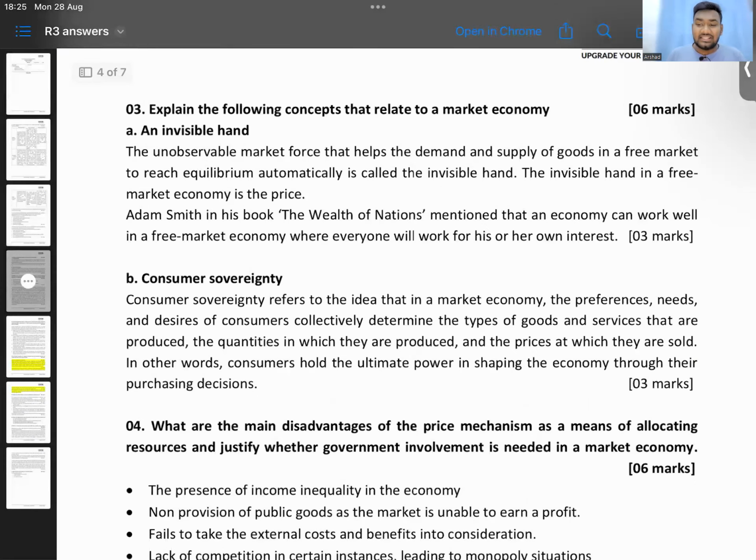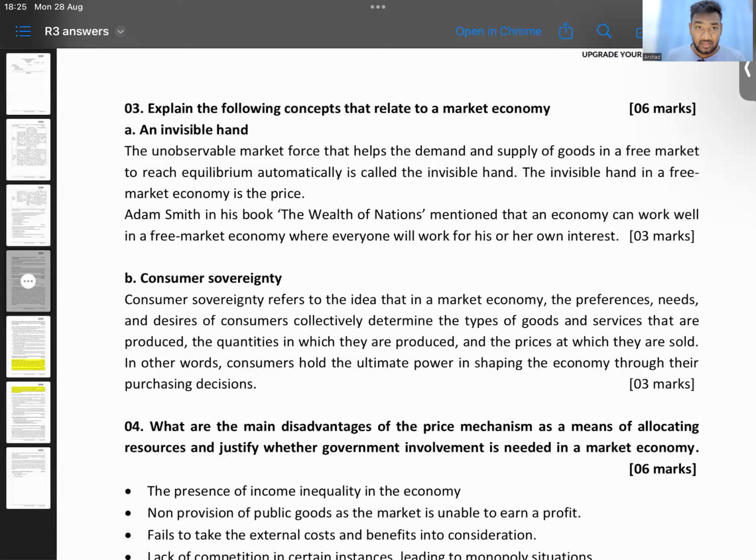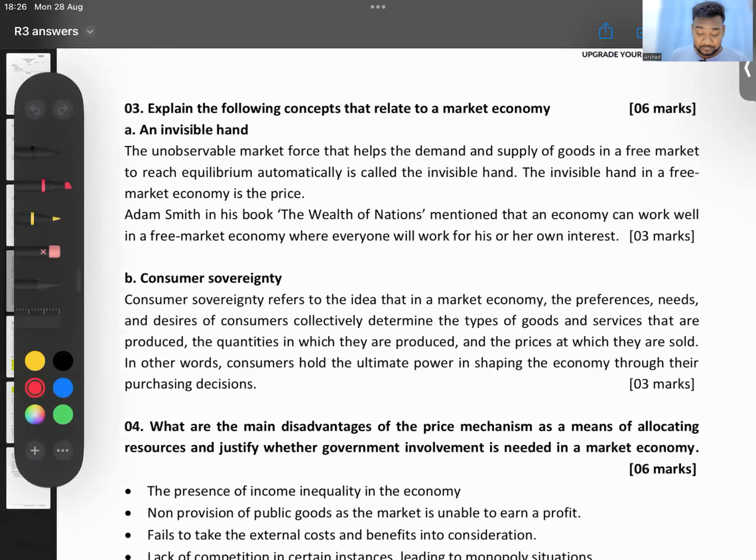Now, what is invisible hand? We are saying invisible hand is the unobservable, that means something that you can't see. A market force that helps demand and supply in a free market to reach equilibrium automatically is called the invisible hand.